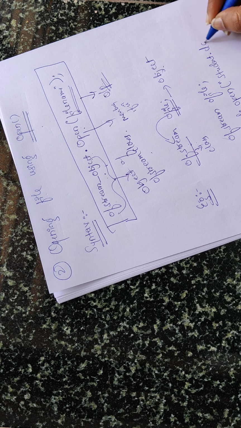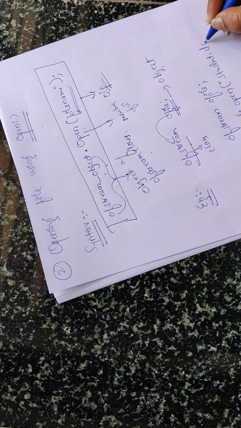Now the question comes: if you want to open your file for both input purpose and output purpose, that is, for both input and output operations. We know that when you want to perform any input operations, we have to create the object of your ifstream class. When you want to perform any output operations, you have to use your ofstream class object.